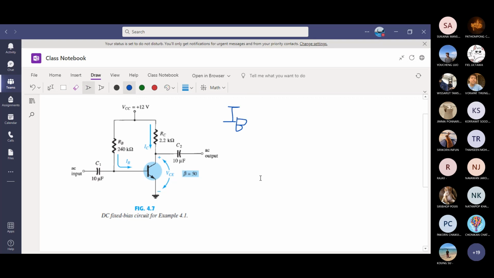And then find the output collector current, IC. We should find VCE. In addition, I would like to ask you some other voltages, VC, VE, maybe VB as well. And pick a few students.